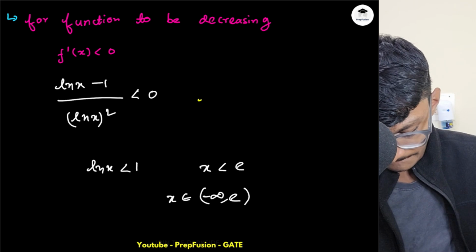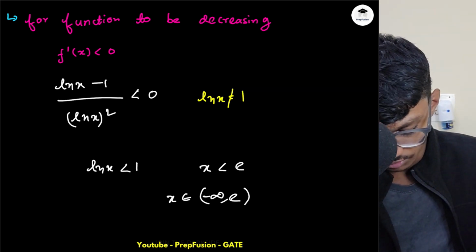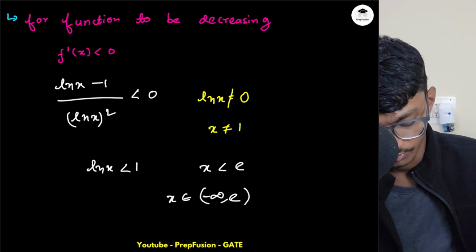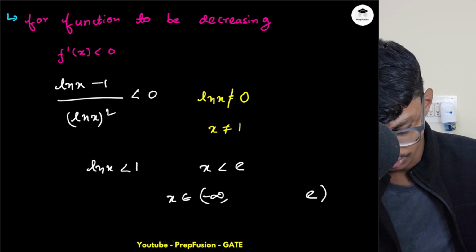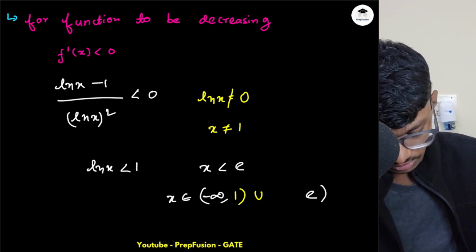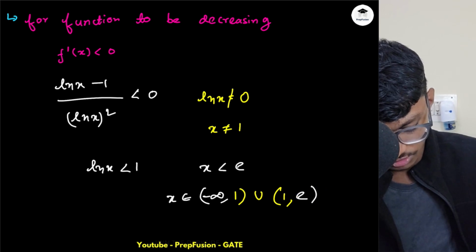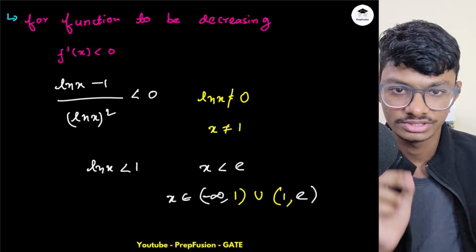So again ln x is not equal to 0, not equal to 1. So x is not equal to 1. So obviously I have to rewrite this. It will be minus infinity to 1 union 1 comma e. Okay, so yeah, this is how you solve a monotonicity question.